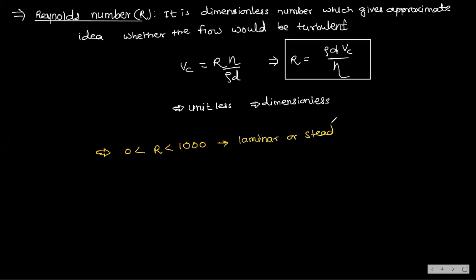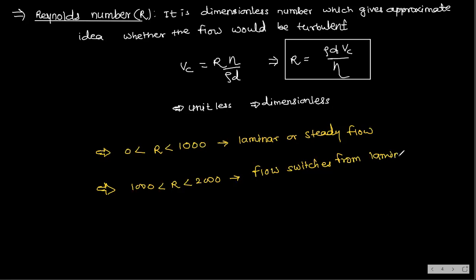And if R lies between 1000 and 2000, the flow switches from laminar to turbulent.